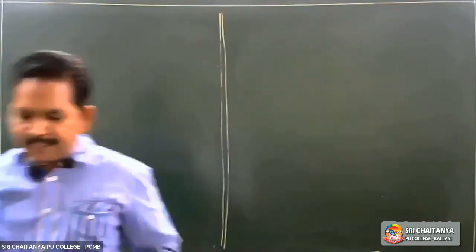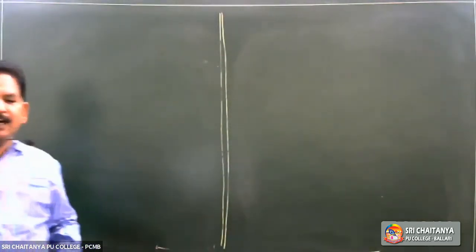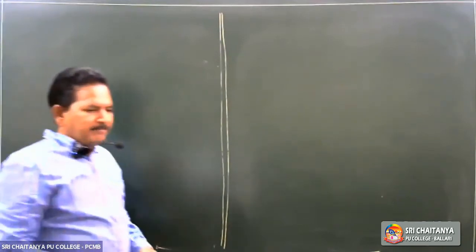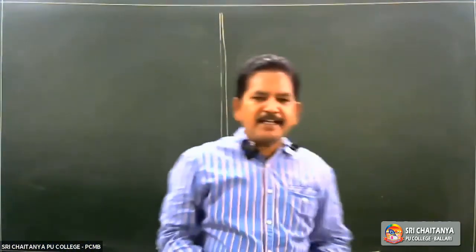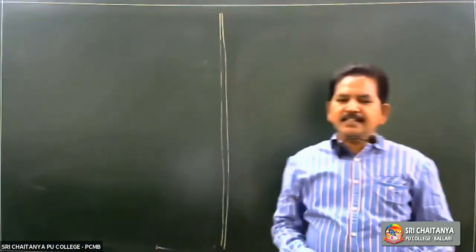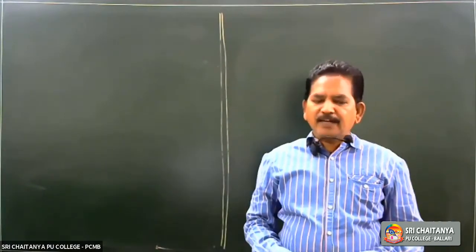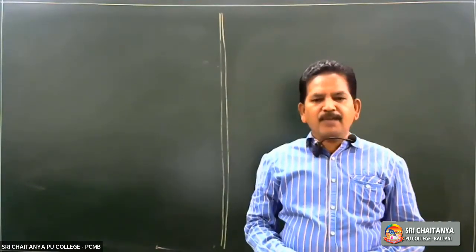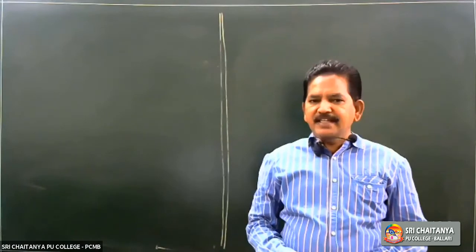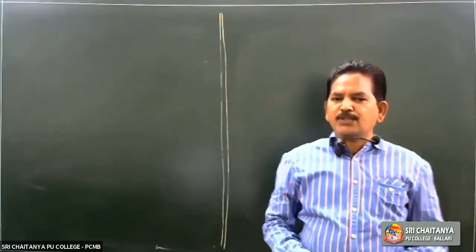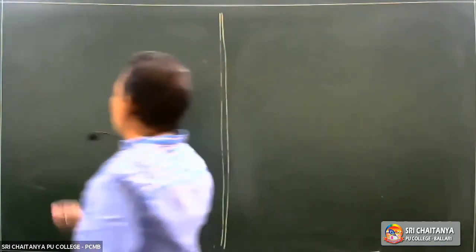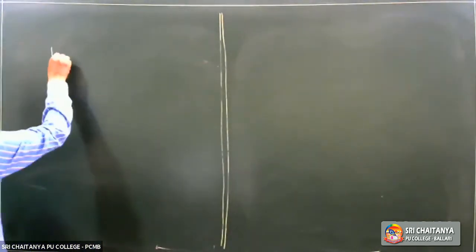We studied mirrors, spherical mirror and also the plane mirrors. In spherical mirror, convex, concave, mirror formula, magnification formula. We have to discuss in case of lens also. What is meant by lens?